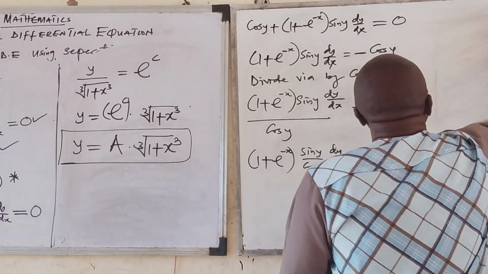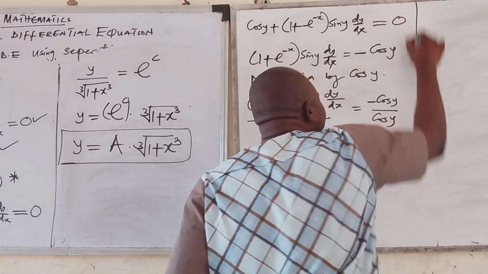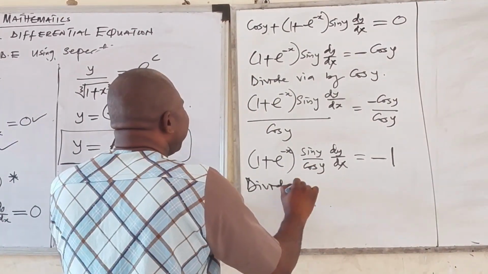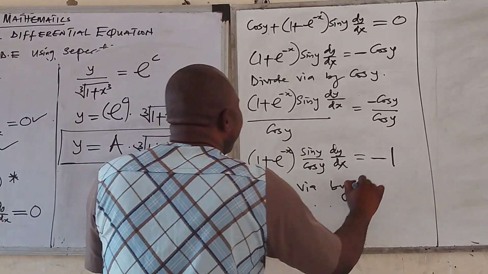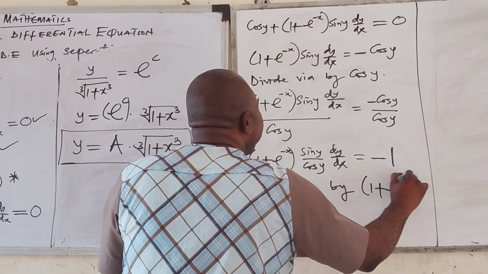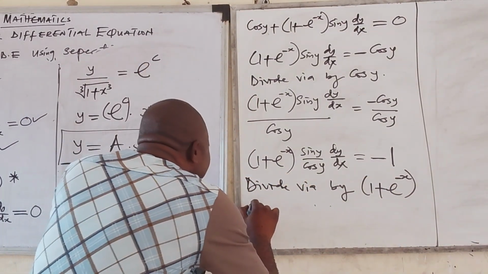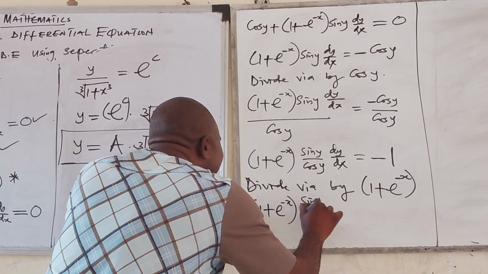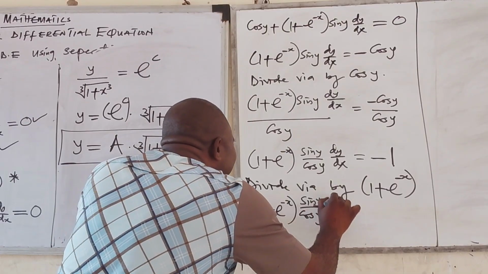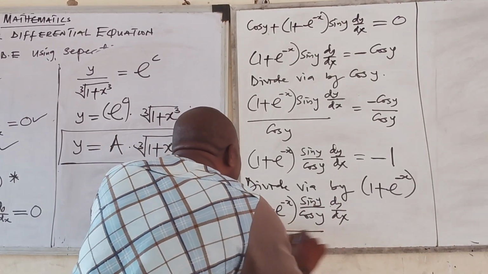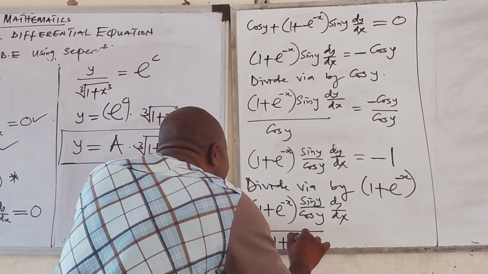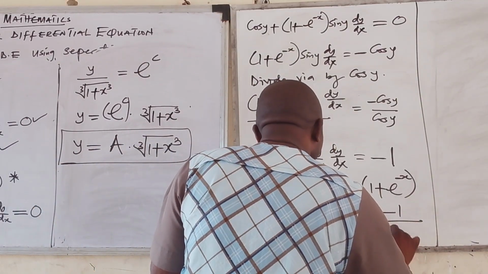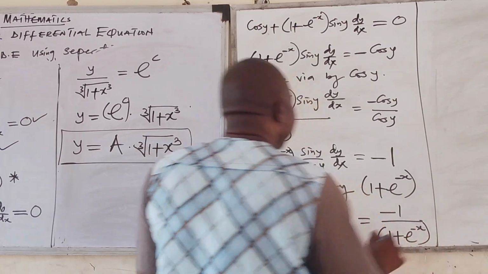So let's divide through again by 1 plus e raised to the power of minus x. So we have sine y all over cos y, dy all over dx, everything here all over 1 plus e power minus x, is equal to minus 1 all over 1 plus e raised to the power of minus x.